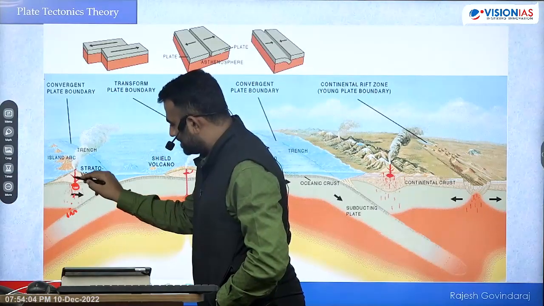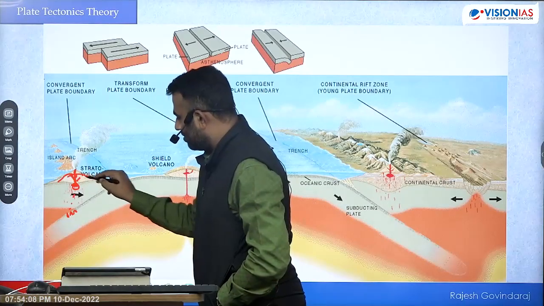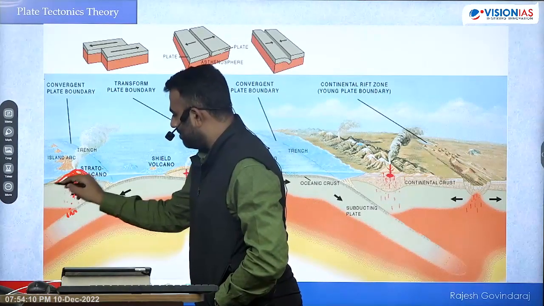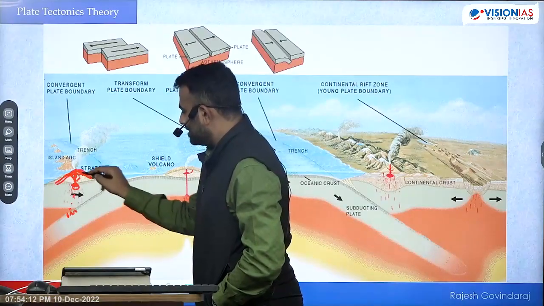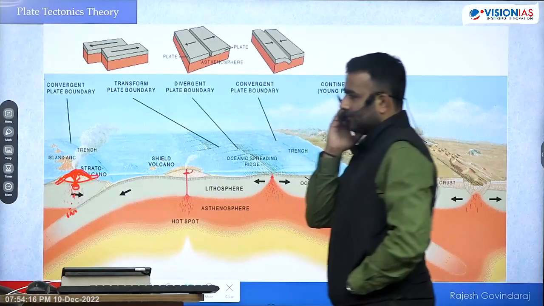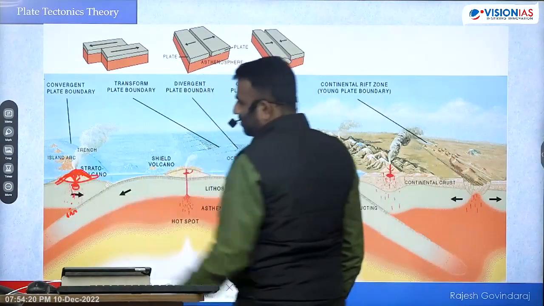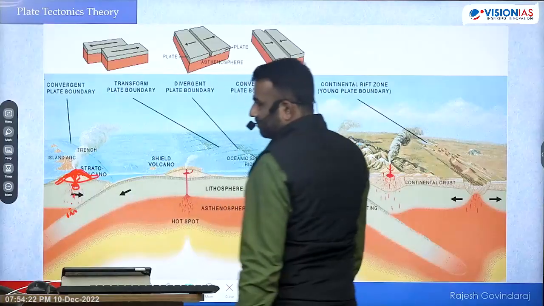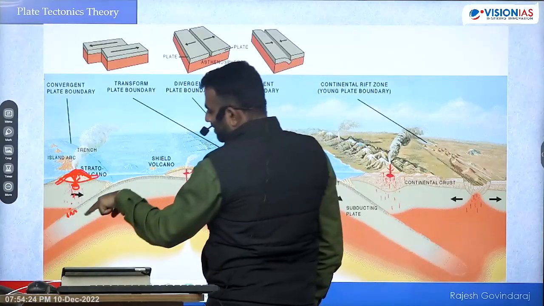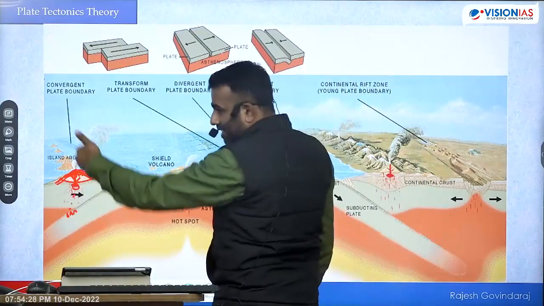Initially it accumulates and it erupts out and builds up the volcano, and finally it rises above the water level. This is what is volcanic island. कहाँ पर form हुआ? It is on the other side of the oceanic plate, which is not subducting. Basically this is subducting and generating a new volcanic island on the other oceanic plate.